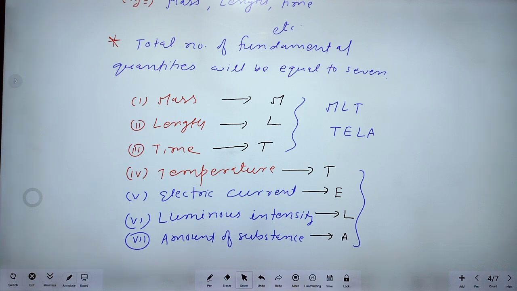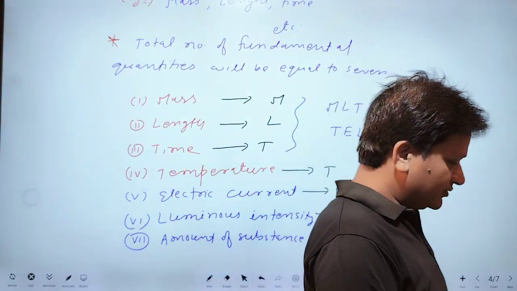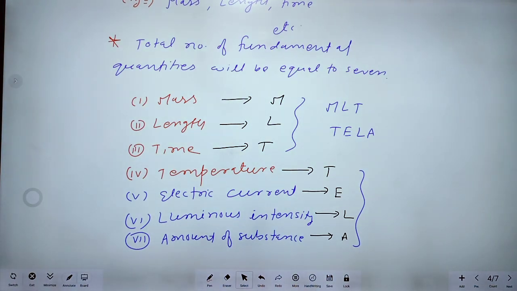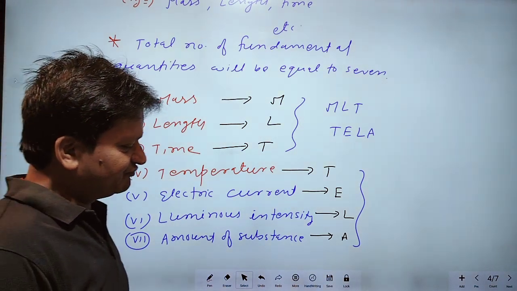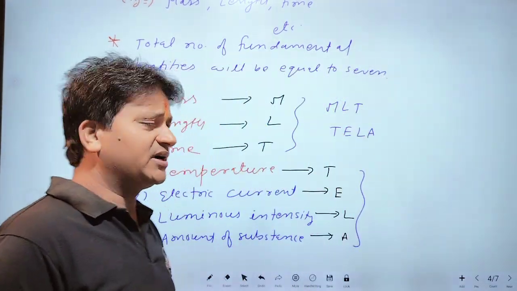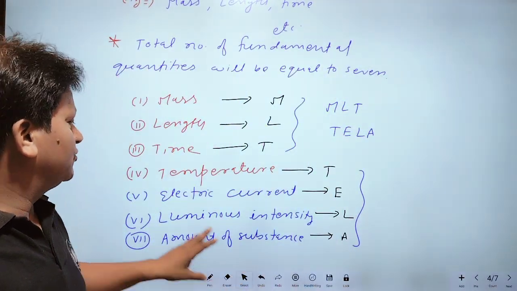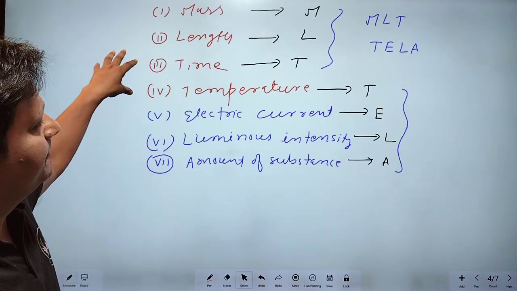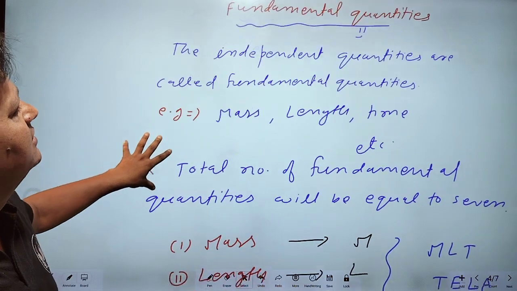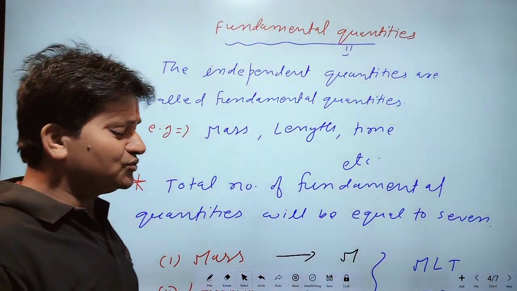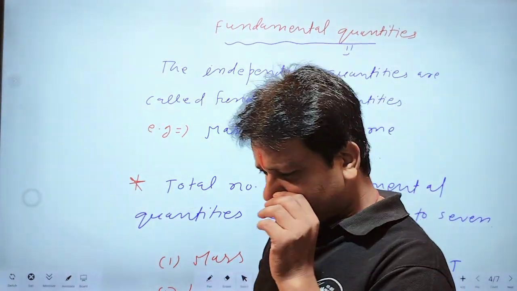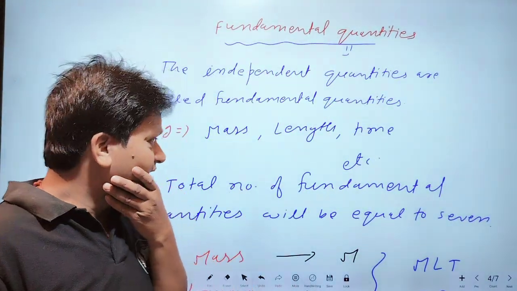If anyone asks you what are the fundamental quantities and the total number of fundamental quantities, you can answer: those quantities which do not depend on other quantities are called fundamental quantities.